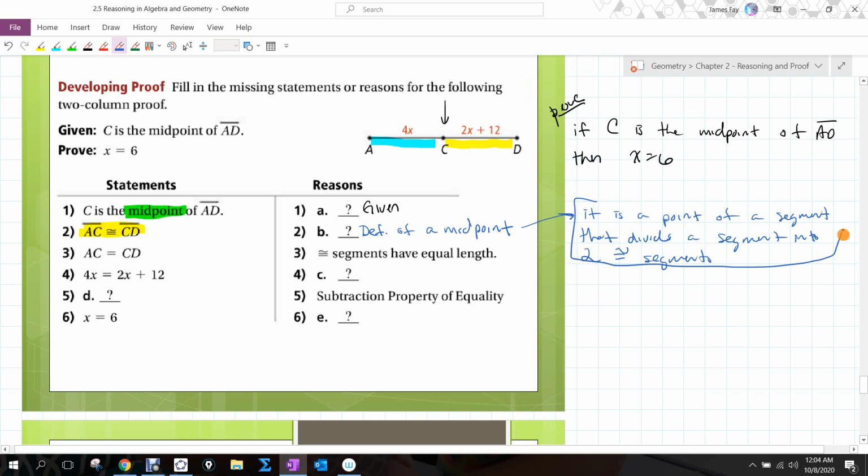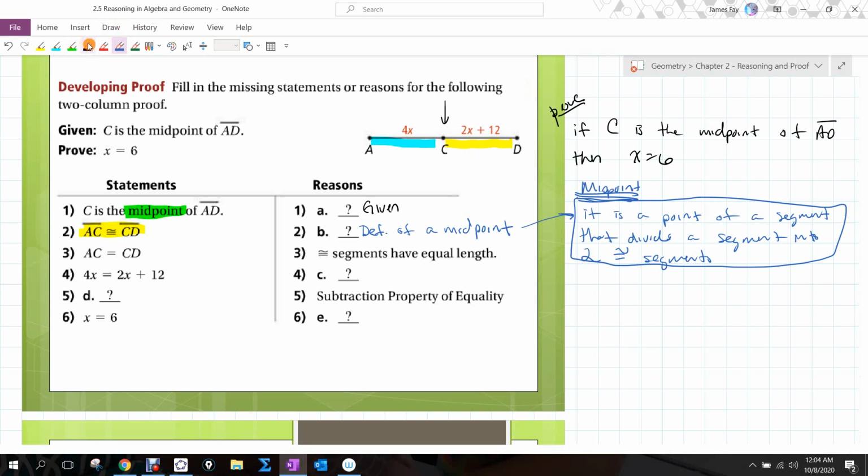What is that? That's the actual definition. It's the phrase that I would look for in the glossary of my textbook. If I looked up midpoint, it's going to be in bold, and right underneath it is going to say this statement here. It's much easier just to say definition of midpoint, knowing that this is what that definition says.